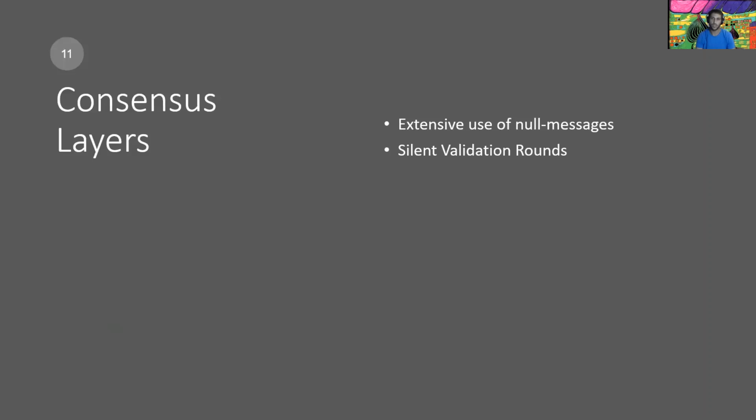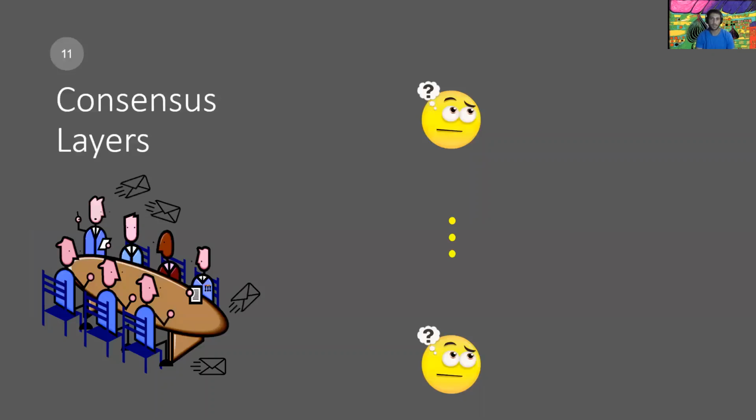The reason our solutions are so efficient is because our layers make extensive use of null messages, and in particular, a primitive we call silent validation round. I won't define silent validation round, but let me illustrate what we mean by an example from one of our layers. In this example, there is a committee that recommends decision values to all the processes.